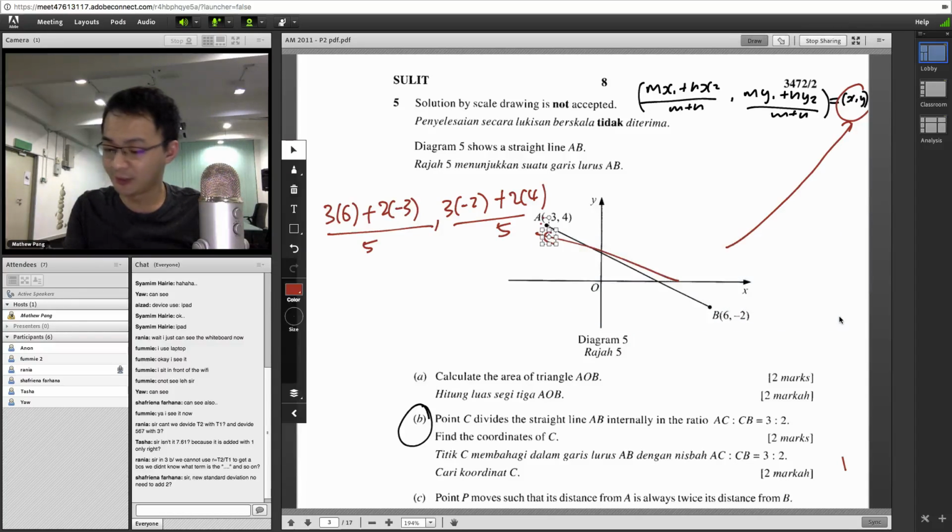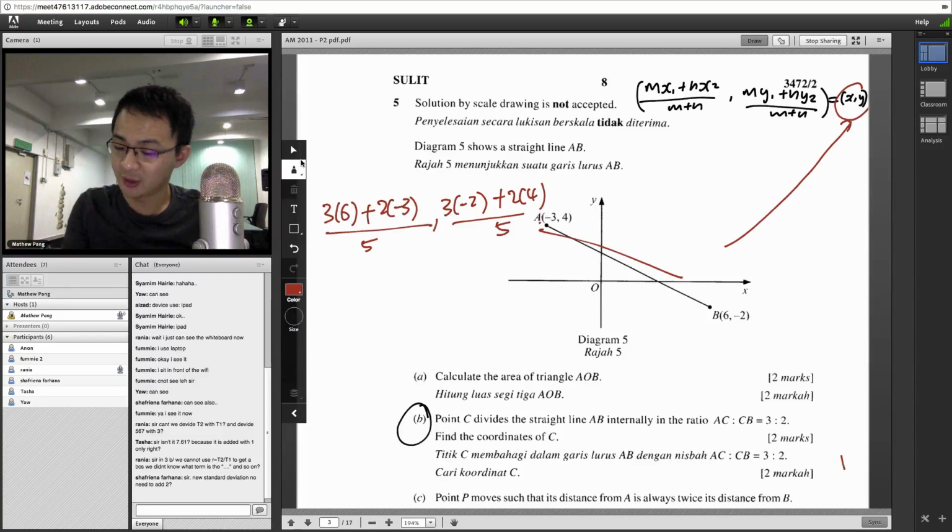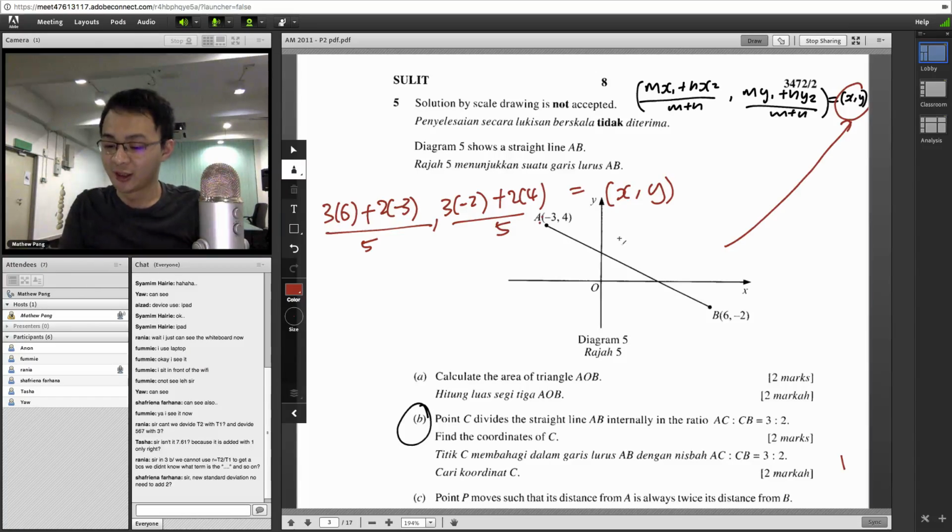Right, let me just erase this one. Then you just solve it, equals to (x, y), which is the coordinate for C. For x, this is 18, this is minus 6. You get 12. 12 divided by 5 is 2.4. It doesn't look good to me.